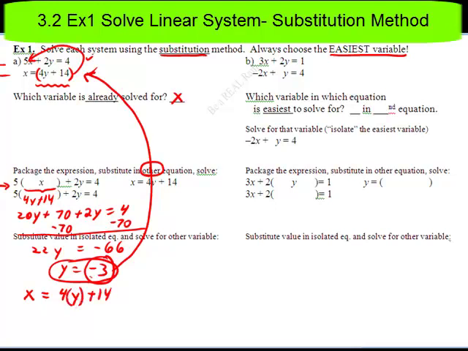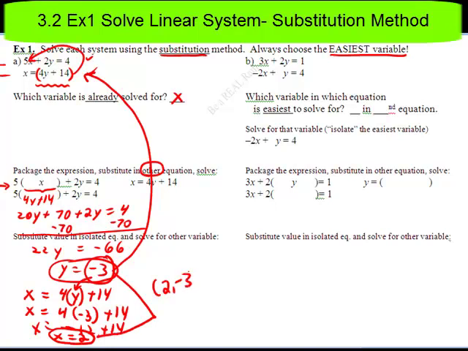We're going to substitute that into the y, for the y. We get negative 12 plus 14, so x is equal to 2. We need to write that as an ordered pair. So this is 2, negative 3.